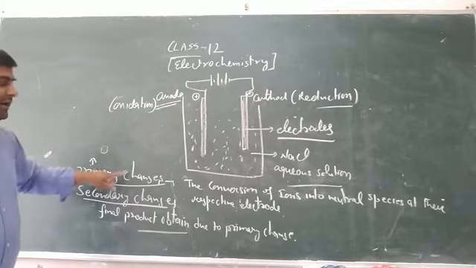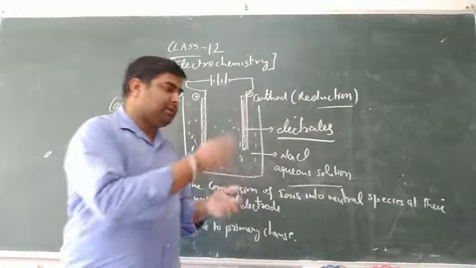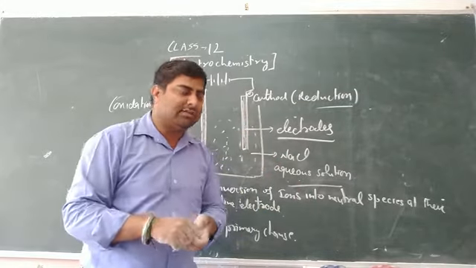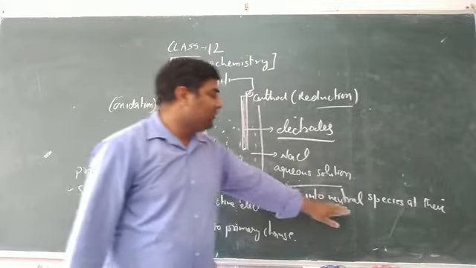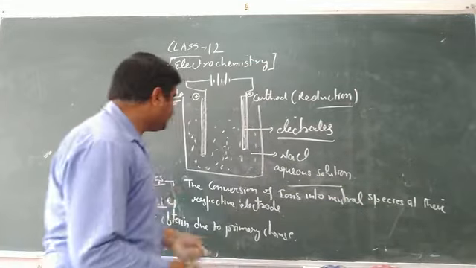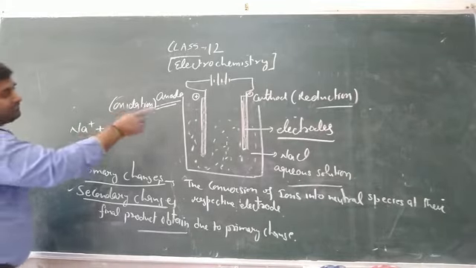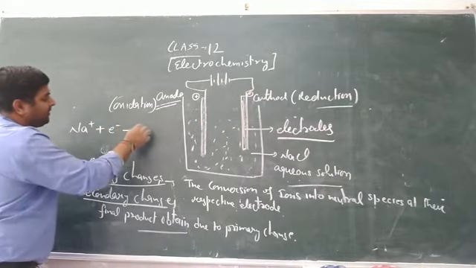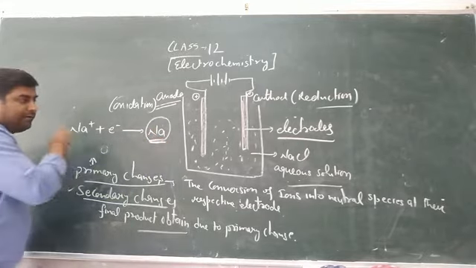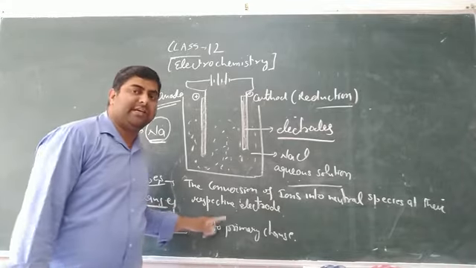Primary changes are those changes in which the ions reaching their respective electrodes get converted into neutral species. Like in this case, when sodium moved towards cathode, it gained one electron and got converted into sodium atom. This is known as a primary change.